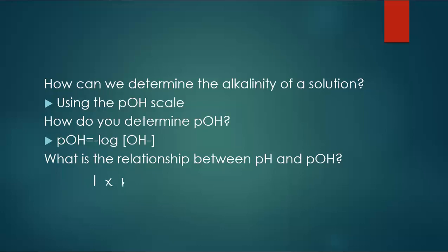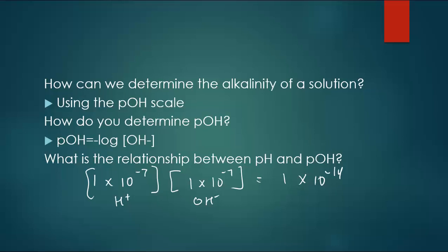Okay, when water is in its natural state, you will have 1 times 10 to the negative 7th of hydrogen and 1 times 10 to the negative 7th of hydroxide, and together they equal 1 times 10 to the negative 14th. Correct?